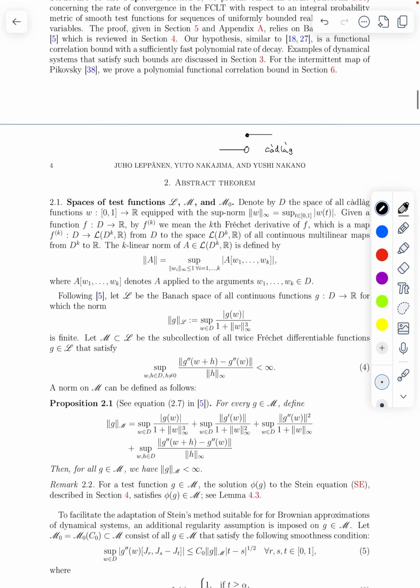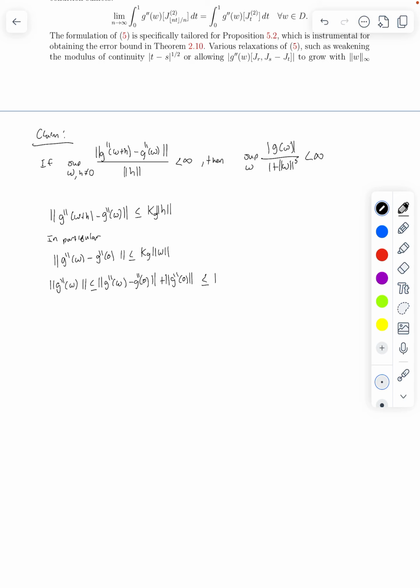And so g double prime of w is less than or equal to g double prime of w minus g double prime of 0, plus g double prime of 0, which is less than or equal to kg norm of w plus kg tilde, because this is just some number, right? I mean, for every g, this is just some number.